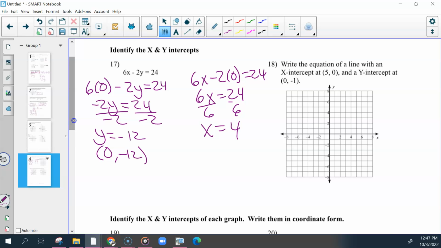When you're dividing, some of you were putting 6 here, I think because you just saw too many 6s. So your final answers for that one were 4, 0 and 0, negative 12. That problem was worth 4 points, 2 for the work, 2 for the answers. Questions on that one?